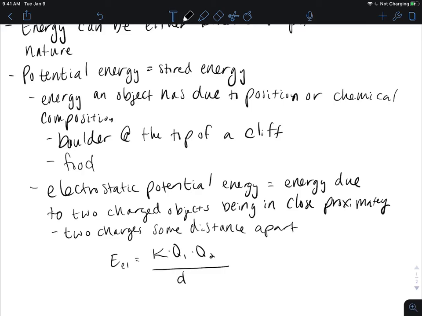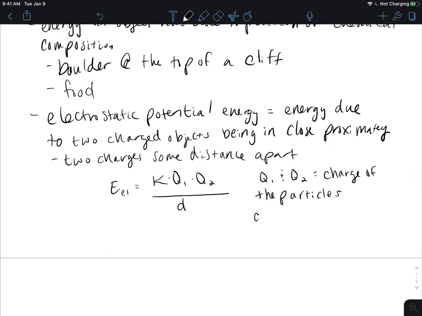Q1 and Q2 are the charges on particles. d is distance, and then k is a proportionality constant.